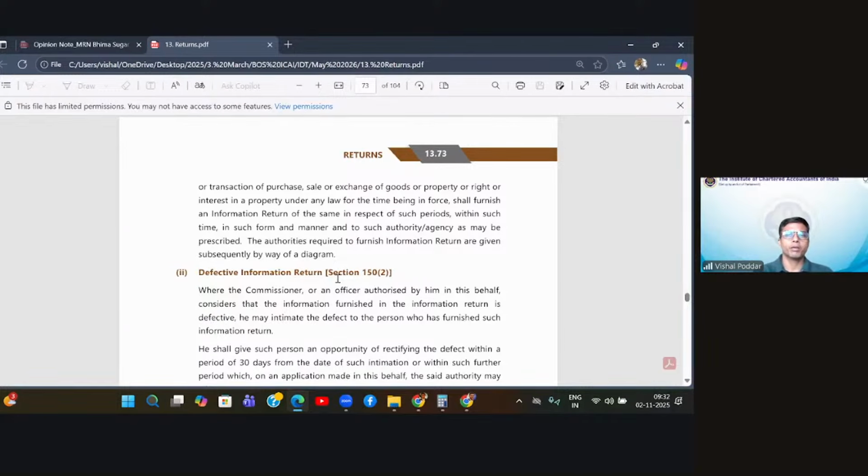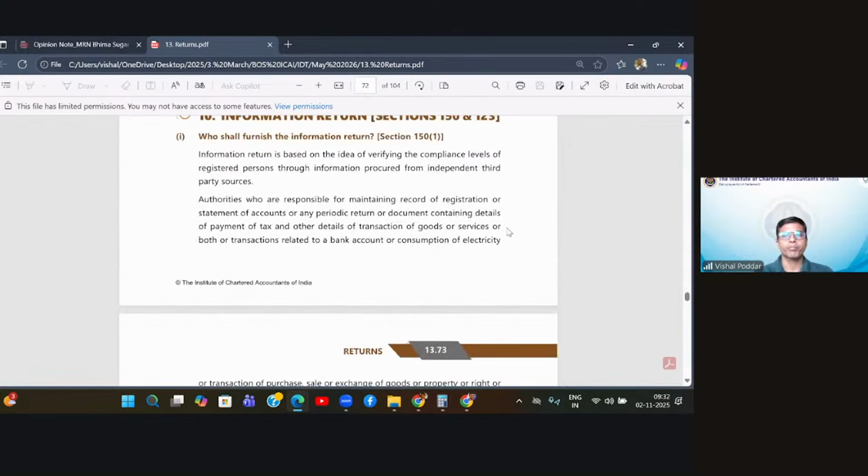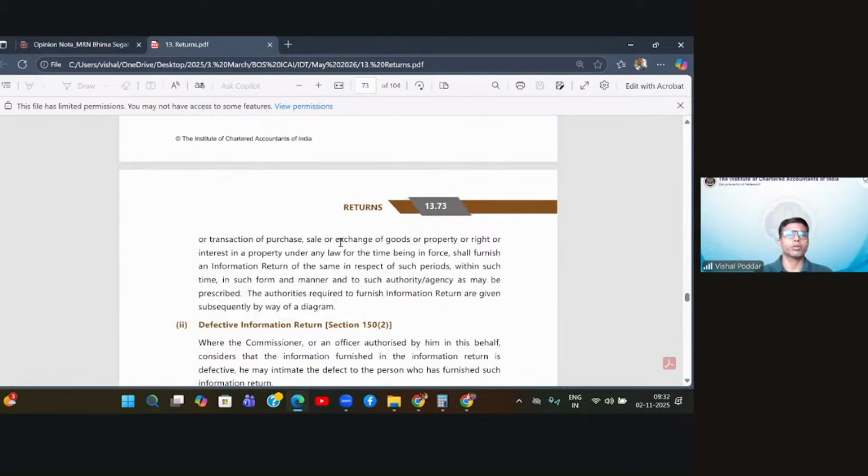Information is to be furnished by, as you see here, authorities who are responsible for maintaining records of registration, statements of accounts, periodic returns, or documents containing details of payment of tax, other details of goods, services, or both, or transactions related to bank accounts or consumption of electricity, transactions of purchase or sale of goods, property, right, or interest in property under any law for the time being in force.